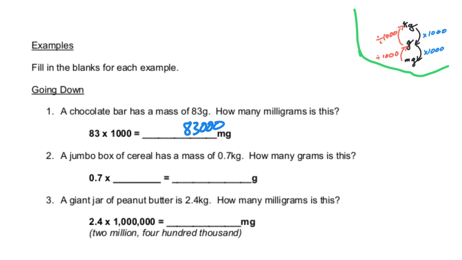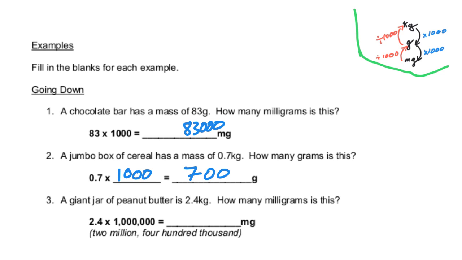By multiplying 0.7 times 1,000, you punch that in your calculator and you get 700 grams. So a jumbo box of cereal, which is 0.7 kilograms, is 700 grams. And we're done.